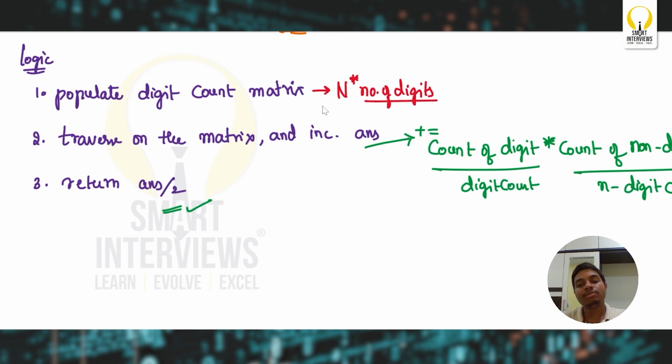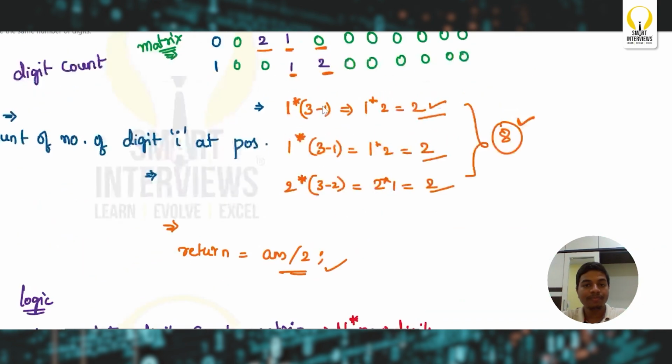In general, if it can simply take some value k, it is going to be n into k. Then for each particular digit, you go to the count array and increment the count. That is constant. Traversing on this matrix also takes n into k time, and incrementing your answer is constant time. I hope the logic is clear.